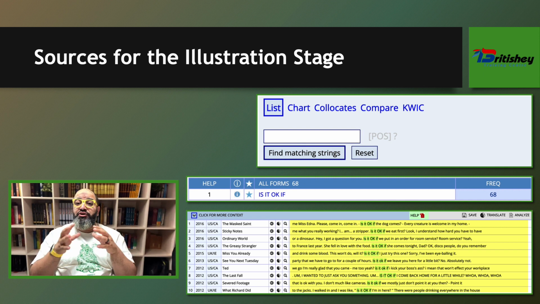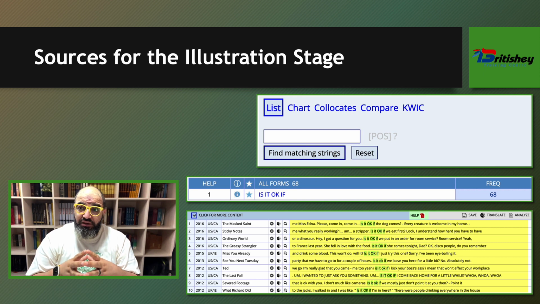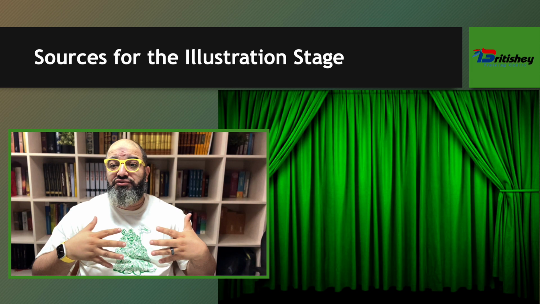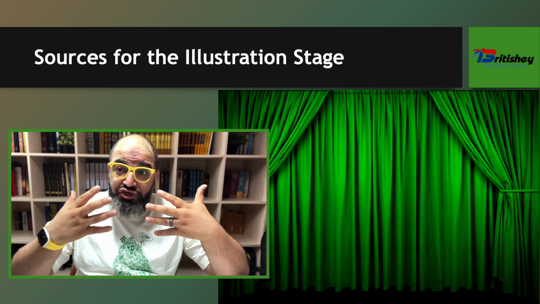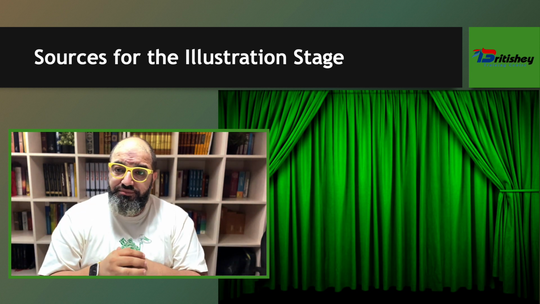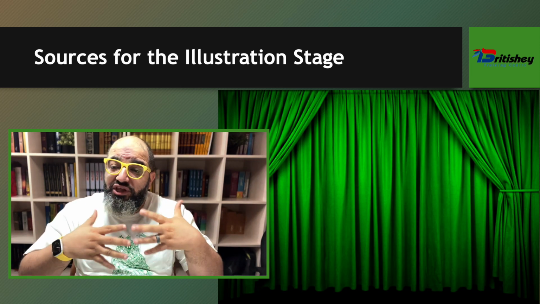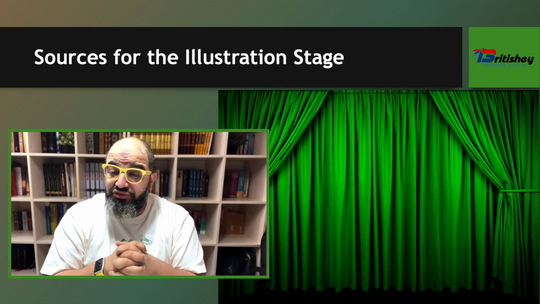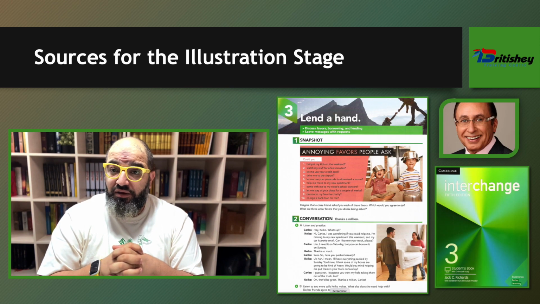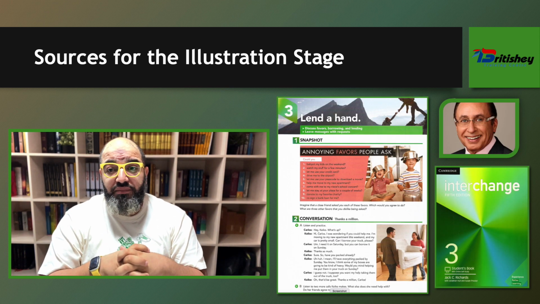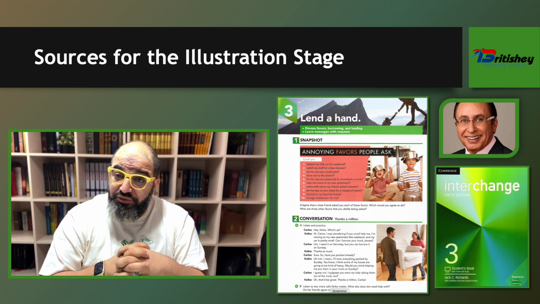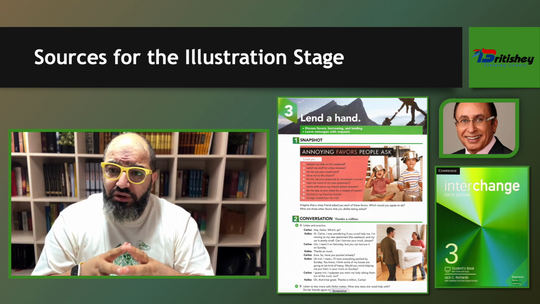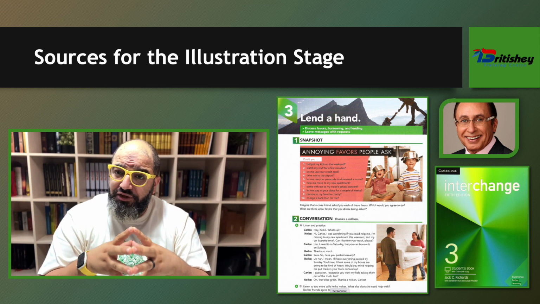Another source would be using course books, but not any course books. Course books that would provide their students with dialogues from real life, real conversations. And one of these books, for example, is Interchange by the wonderful Professor Jack C. Richards. And Jack C. Richards is a big name when it comes to communicative language teaching.